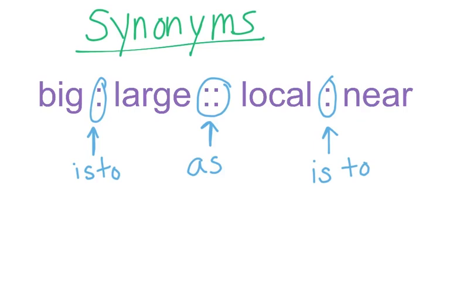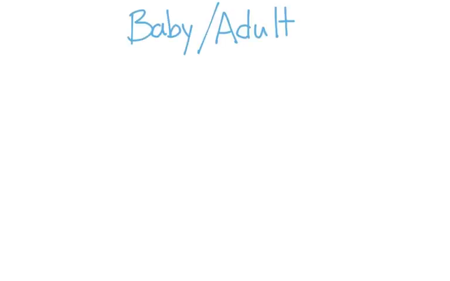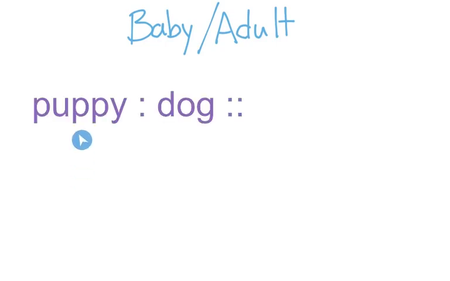Let's look at one more example. The last example we're going to look at is going to go back to those baby and adult relationships. So we'll go back and we'll again say puppy is to dog as. So now I need to think of another pair that is a baby and adult relationship, just like puppy and dog.